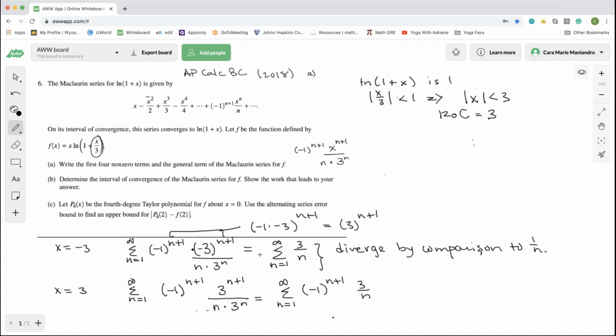Okay, now this looks real similar to that, but this term here makes it very, very different. All right, because this is decreasing and alternating, this is going to converge by the alternating series test.